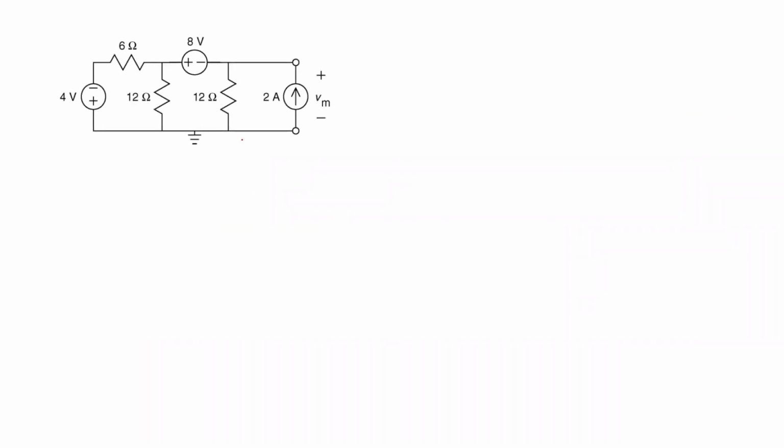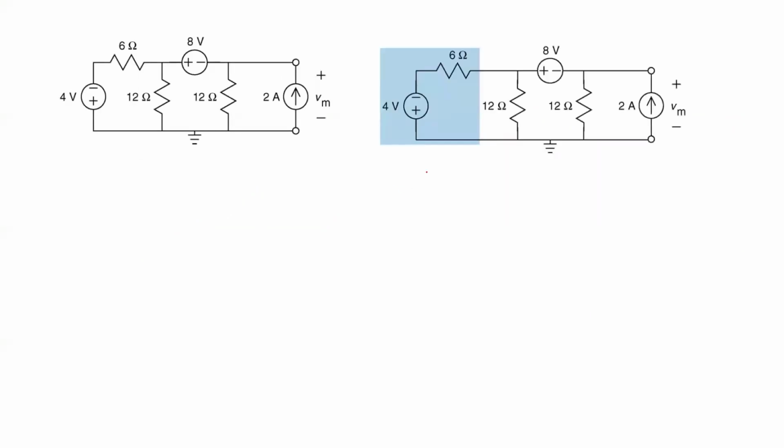All right. First, concentrate on these two branches. These two branches can be converted into a current source in parallel with the resistance.